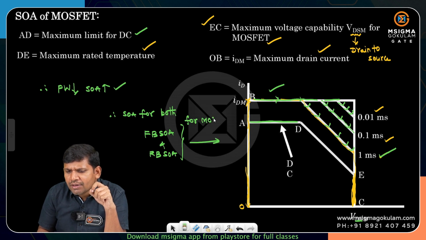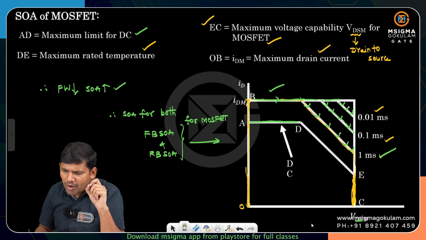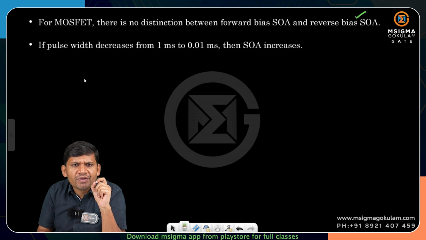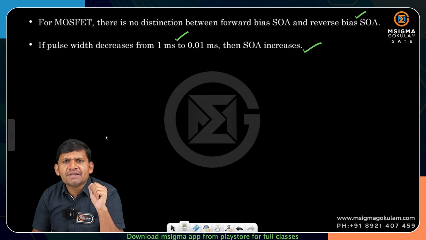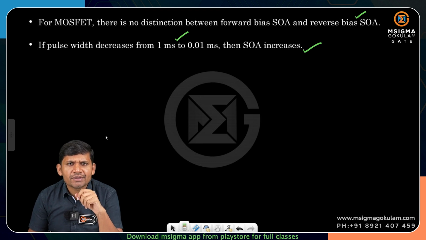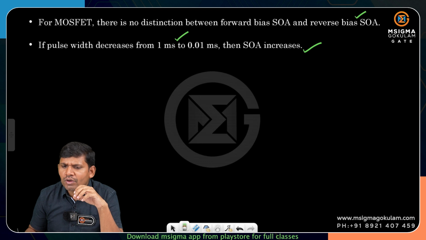And one more observation: if the pulse width decreases from 1 millisecond to 0.01 millisecond, the safe operating area increases. I already told this statement. Clear? Okay, you have to concentrate on this observation.